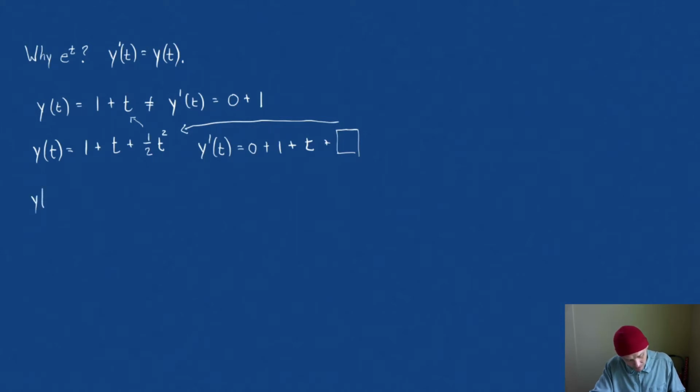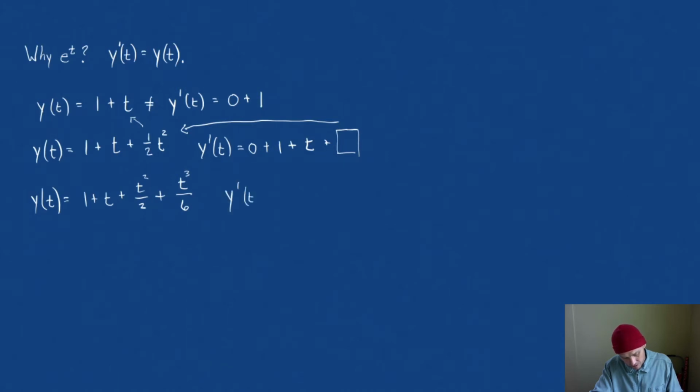Well, what if we try it, for the sake of illustration, one more time? 1 plus t plus, I'm going to write this as t squared over 2 plus, now I need to get something with t cubed, and I'm going to put it over 6, because now when I take that derivative, let's see what happens.